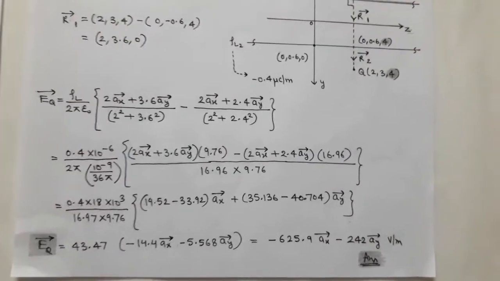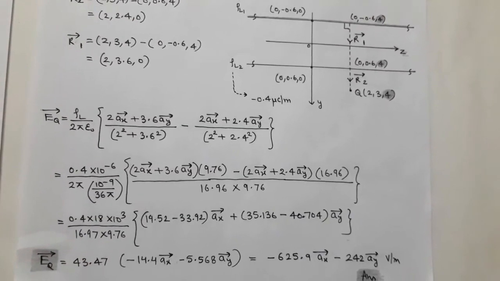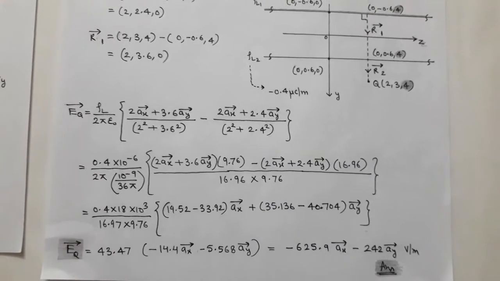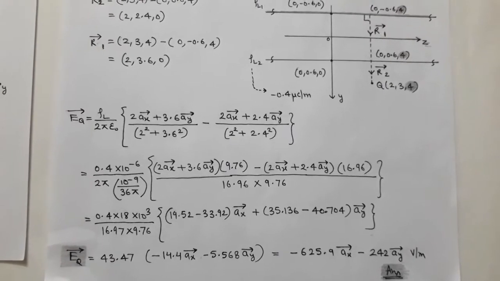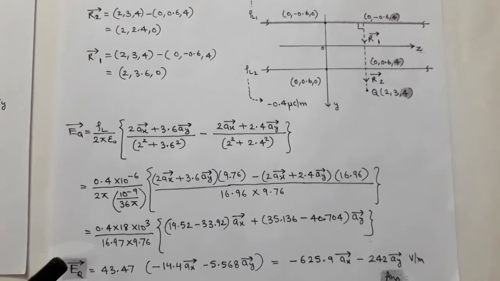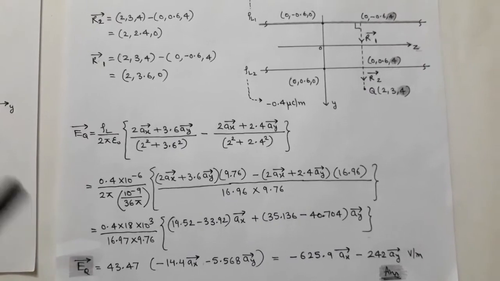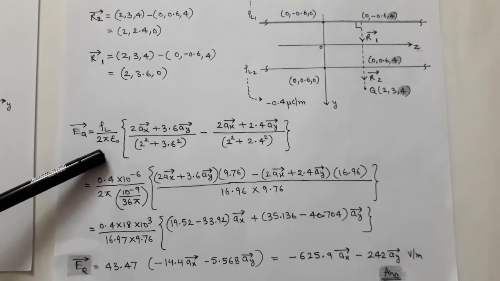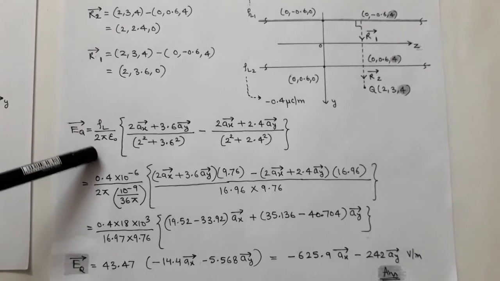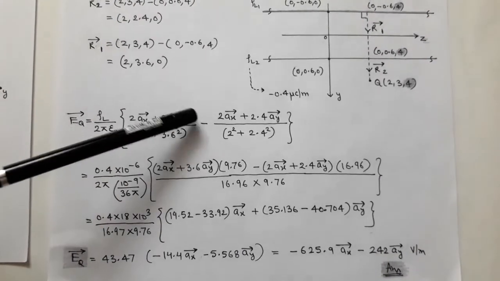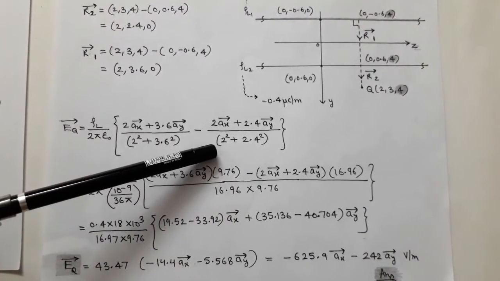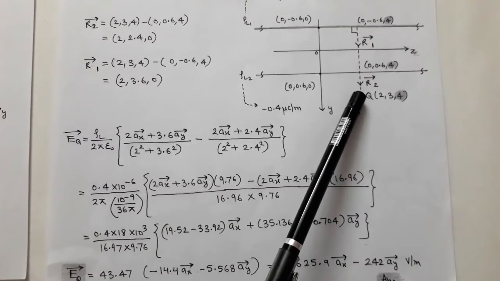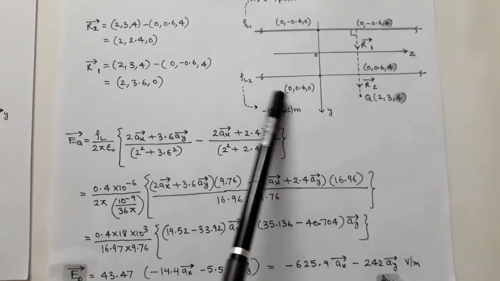So after putting the vectors r1 and r2 in the given formula of the infinite line charge, we have to simplify it. The formula is rho L upon 2 pi epsilon naught times vector r1 upon its magnitude square minus vector r2 upon its magnitude square, because vector r2 is used for line charge density rho L2, and its value is minus 0.4 microcoulomb per meter.